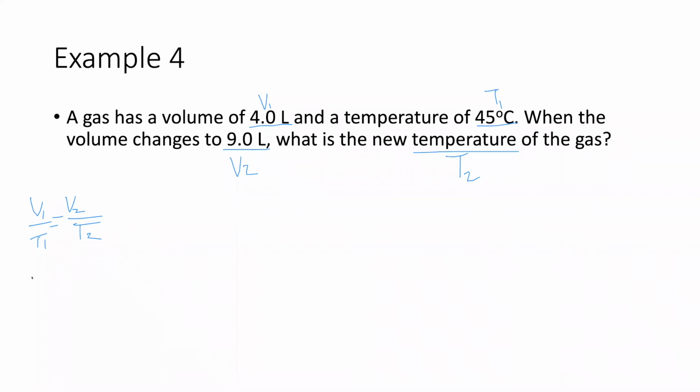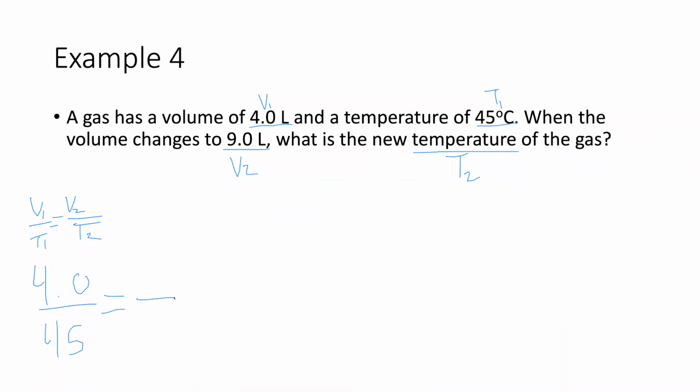We plug in the numbers that we have. V1 is 4.0 divided by our T1, which is 45 degrees. We set that equal to the other side.